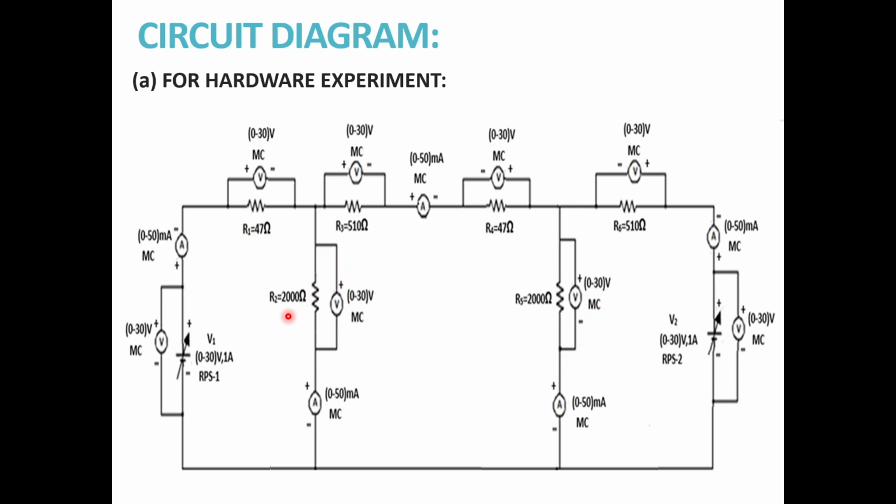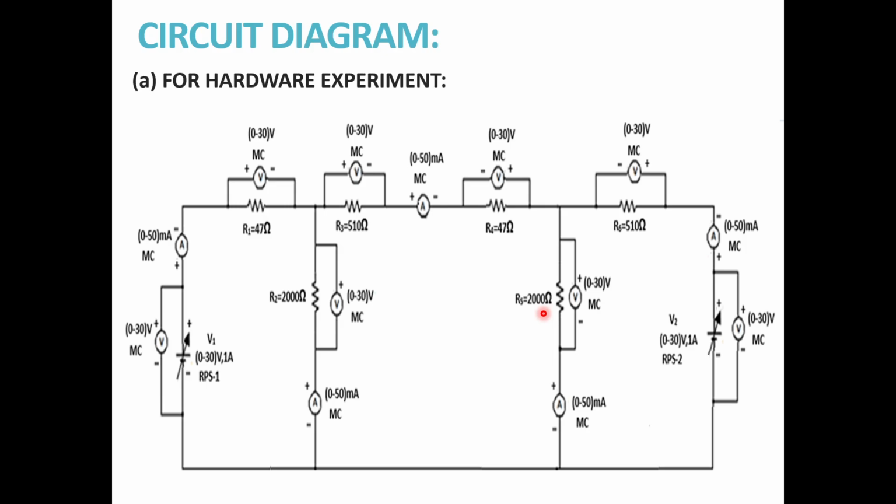And in series to each and every resistor connect an ammeter. So we want to measure the power here, that's why. So in series to 47 already this ammeter I have explained to you. In series to 510 connected this ammeter, that is in series to both 510 as well as 47 ohms. In series to 2000 ohms connect an ammeter of 0 to 50 milliamperes MC type.